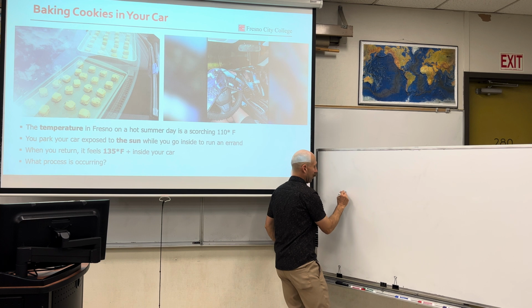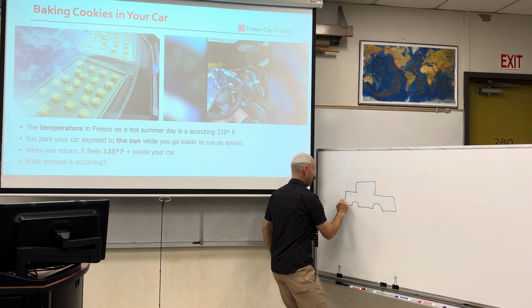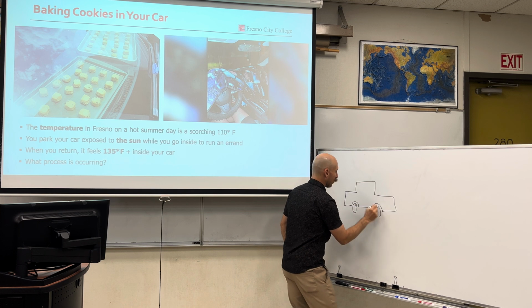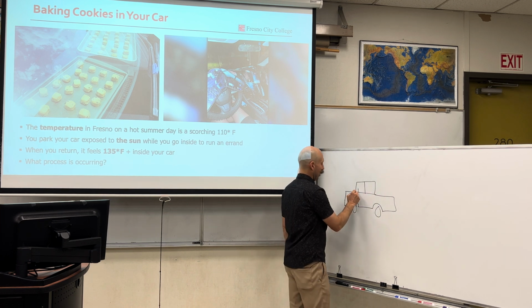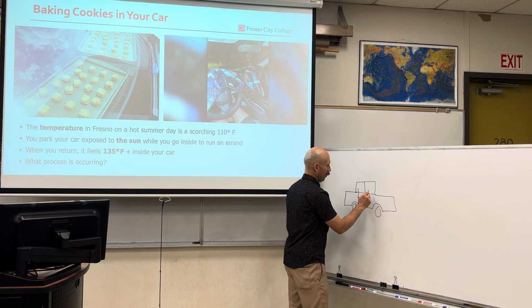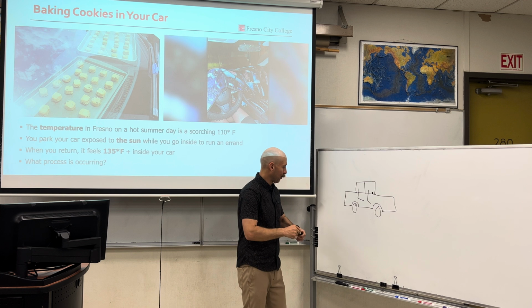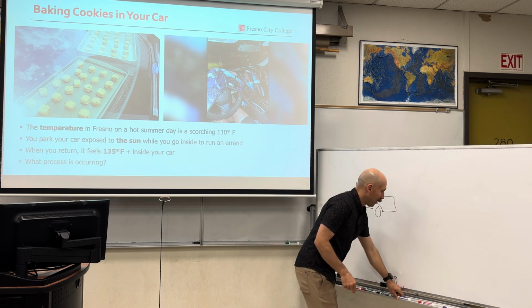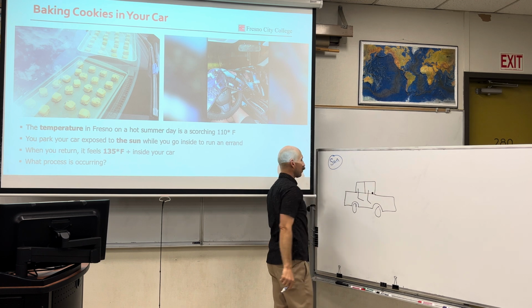Here is your car. A couple wheels. And it's got windows. And it's got the chairs, steering wheel, so on and so forth. Excuse my rudimentary drawings. Up in the sky is the sun.